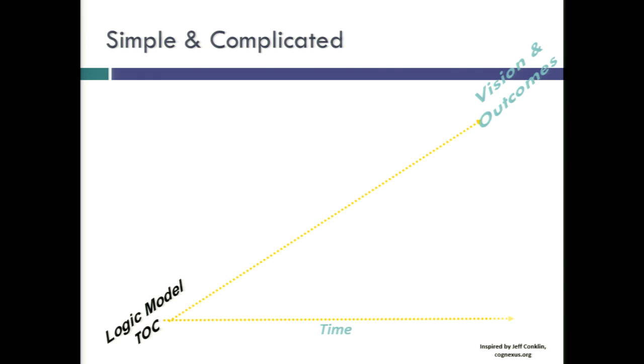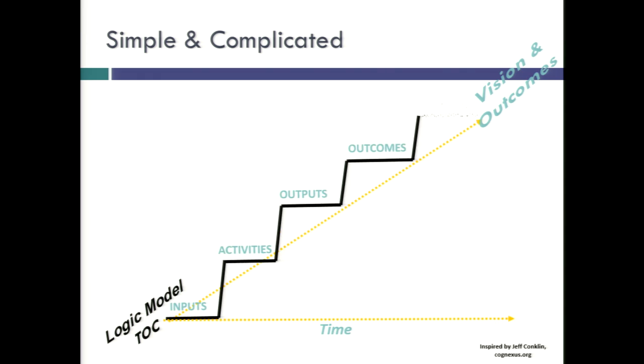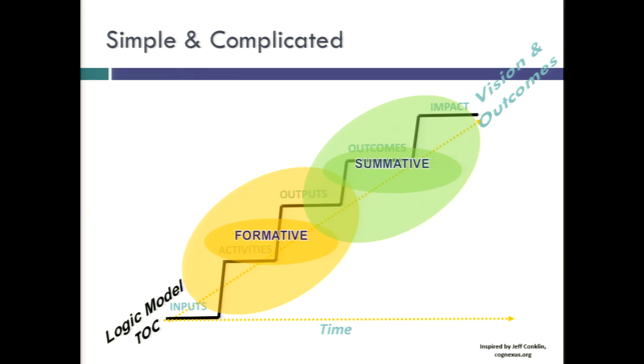So we have our inputs, we have our activities, we have our outputs, outcomes, impact. If you've done a logic model, you'll recognize those categories. Very linear, sequential, and predictable in theory. And so we can do our formative and our summative evaluations, okay?